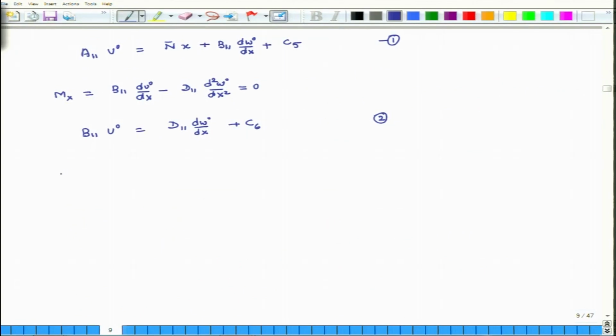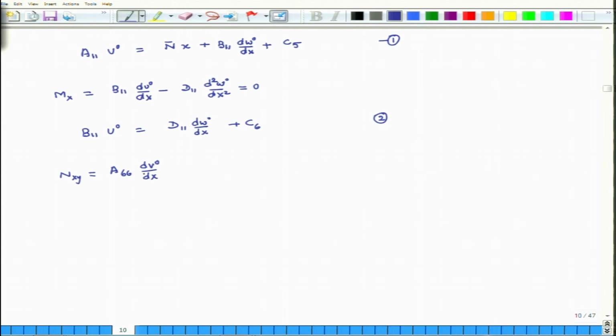So we have expanded on Nx, we have expanded on Mx, and next we look at Nxy. Nxy is equal to, the only thing left is A66 dv naught over dx, all other terms drop out. This is coming from A66 times gamma xy, and gamma xy is the partial derivative of v with respect to x plus the partial derivative of u with respect to y.